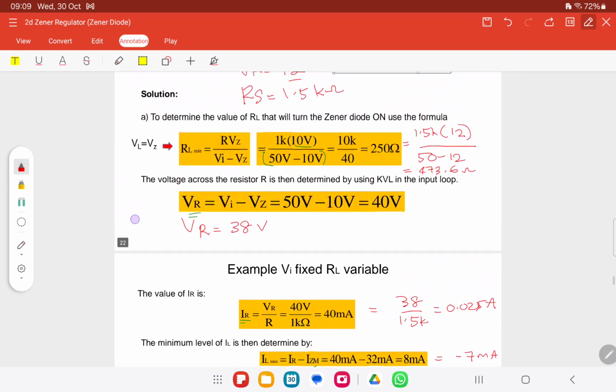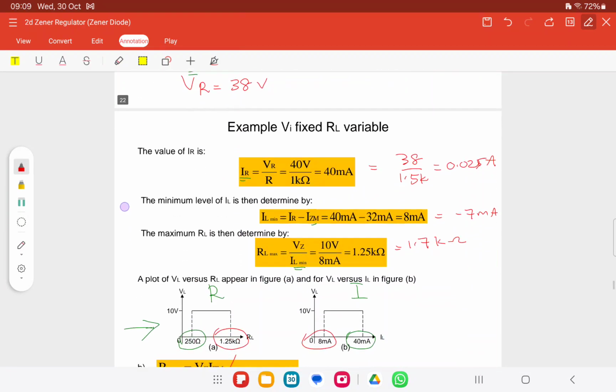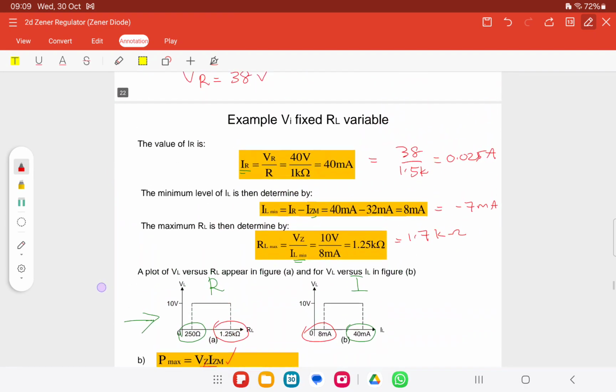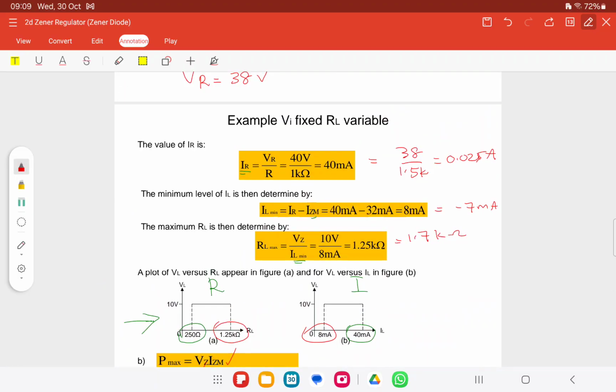So yang tadi kita dapat 473, sekarang ni kita dapat 1.7. Betul lah, yang ni RL max, yang tadi RL min, kan? Okay, but for here, now guys, kita dapat IL min is minus 7. Maksudnya it is in opposite direction. Tu je. Untuk cari resistor tak perlulah nak letak negatif. Resistor tak ada polarity.